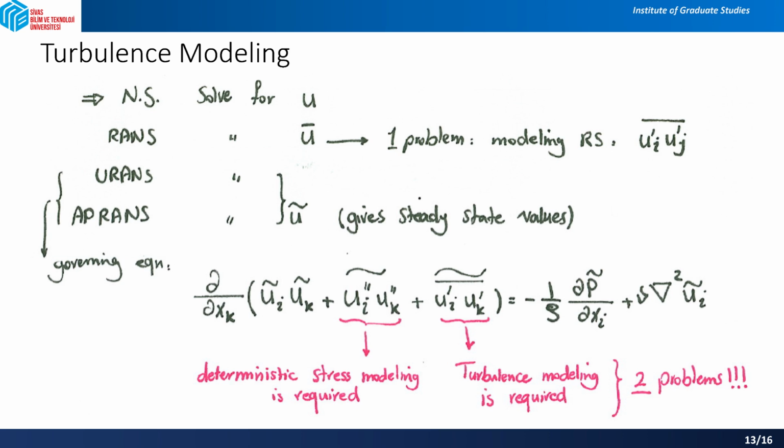So unless you have experimental data, you cannot model these two in turbomachinery. That's why in turbomachinery, even nowadays, we are searching for better and better modelings. We are searching for these modelings from experimental data.